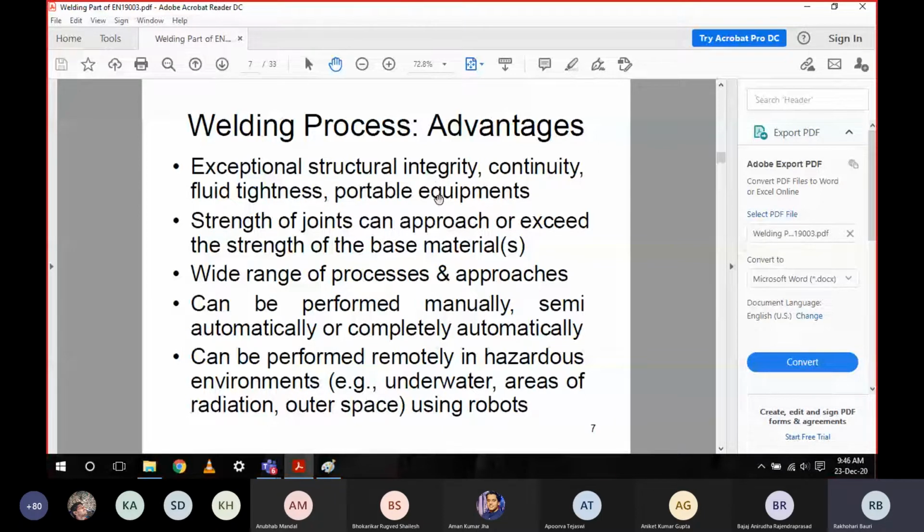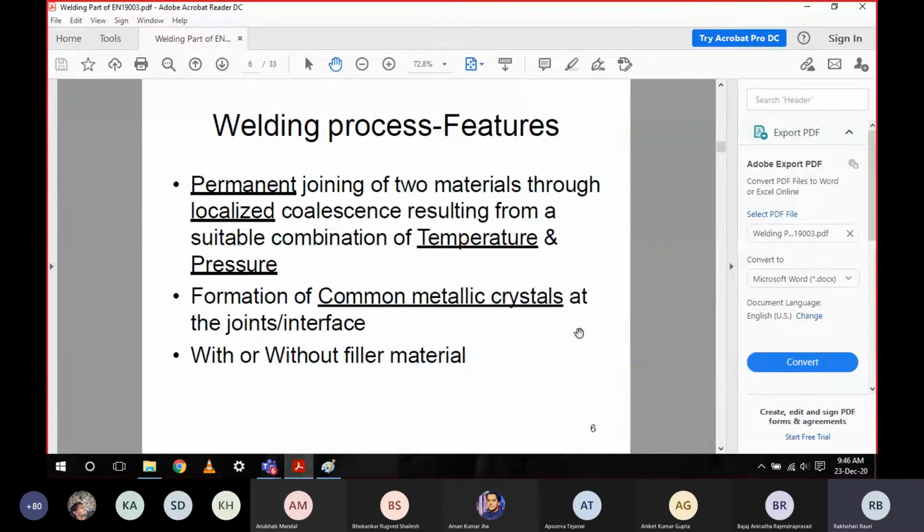It simply says you are getting an exceptionally good weld. Now continuity: you will get continuity in strength, and continuity in crystals, as in the previous slides, common metallic crystals.